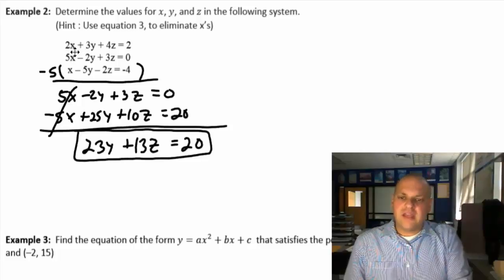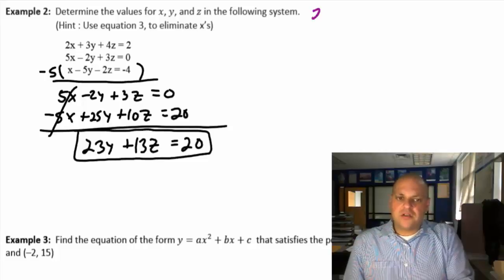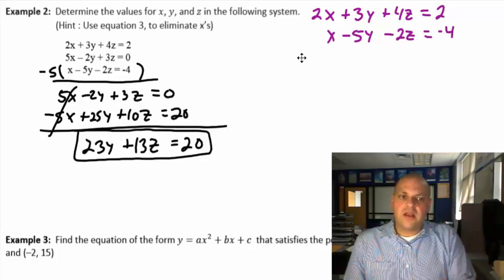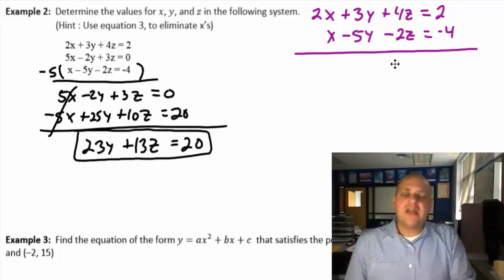So now I'm going to take equation 1 and equation 3: 2x plus 3y plus 4z equals 2, and that bottom equation, x minus 5y minus 2z equals -4. I'm going to try to get the x to drop out again, because if I have a yz equation here and another yz equation, I can do a system on the yz equations.